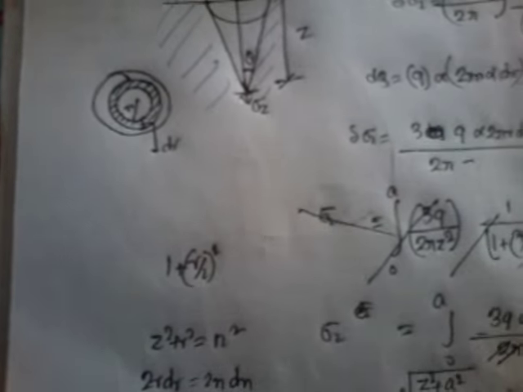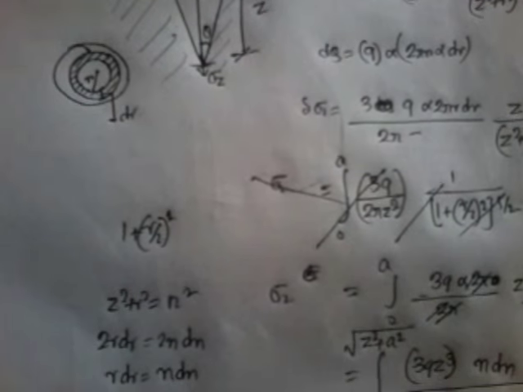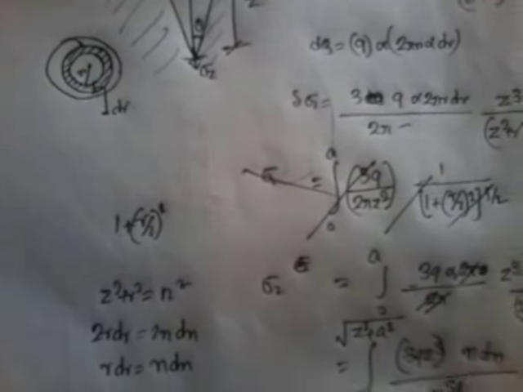So 3q z cube into r dr will now be n dn, and this will be n to the power 5, so now this is n to the power 4. So 3q z cube dn by n to the power 4.